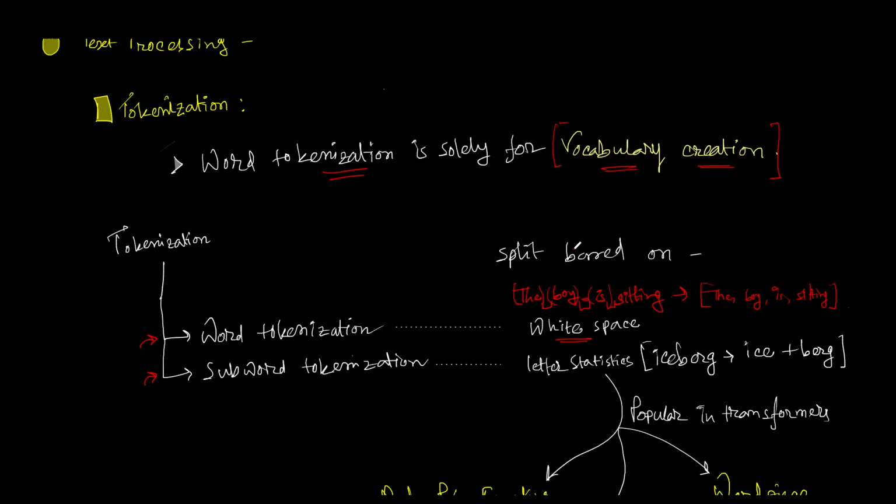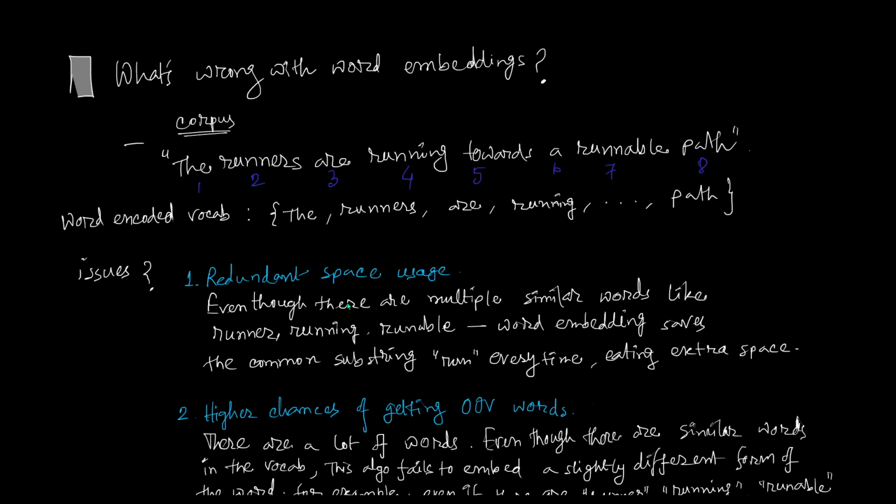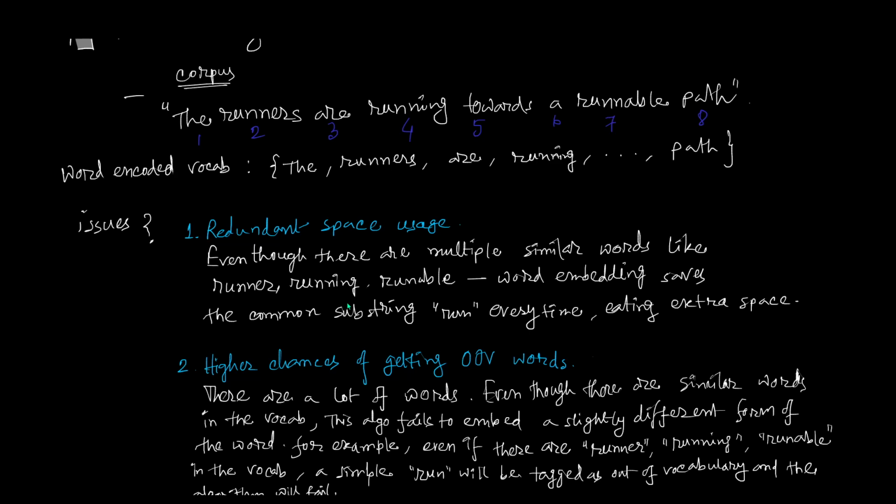It's very simple, but this word tokenization is somewhat old. This is an old technique, and also it has a lot of shortcomings. So what kind of disadvantages do we have for word tokenization? Word tokenization has two major drawbacks. Let's take an example sentence: the runners are running towards a runnable path.